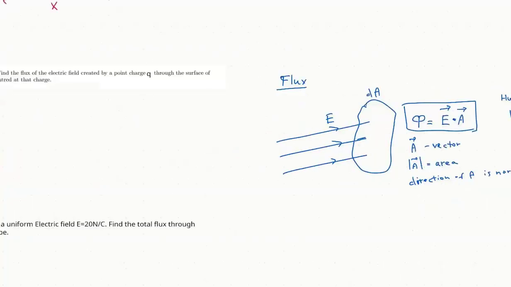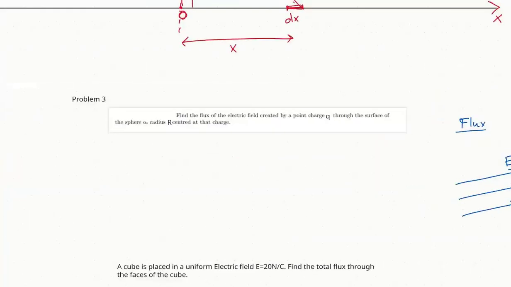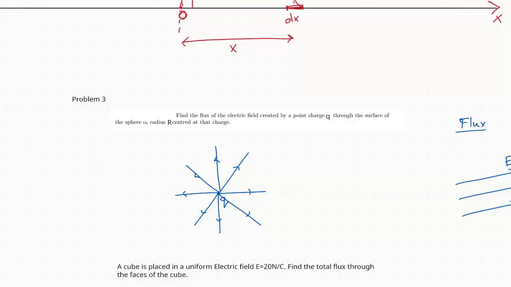So let's consider a point charge, and it produces a field around itself. And you want to know the flux passing through a sphere of radius r. Well, you want to know the field.